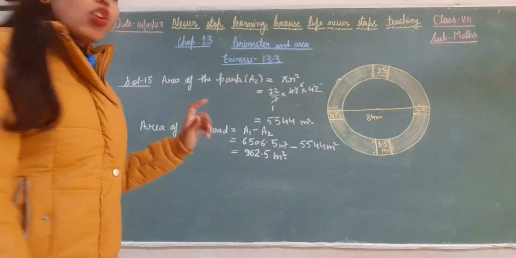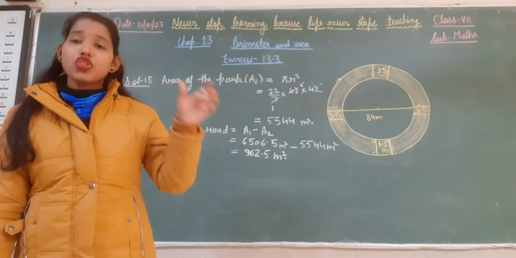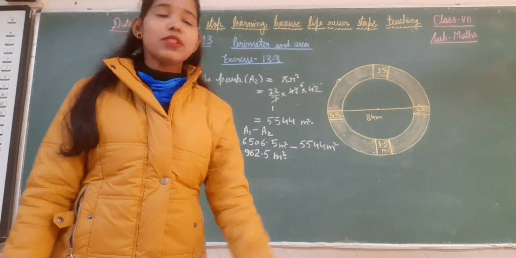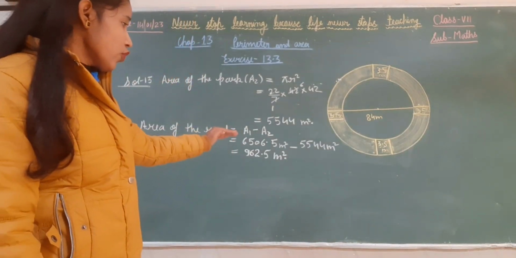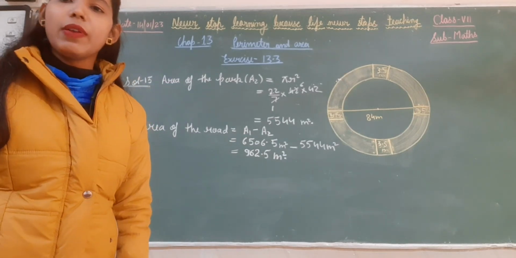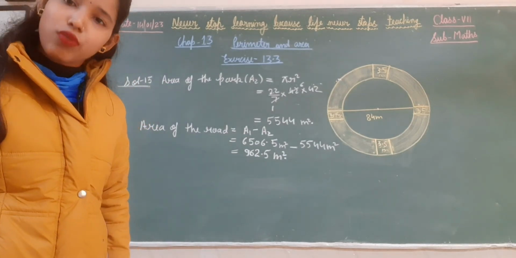Now the cost of constructing 1 meter square road is 240 rupees. So we have to find the cost of constructing 962.5 meter square road. So we will multiply it by 240, right?